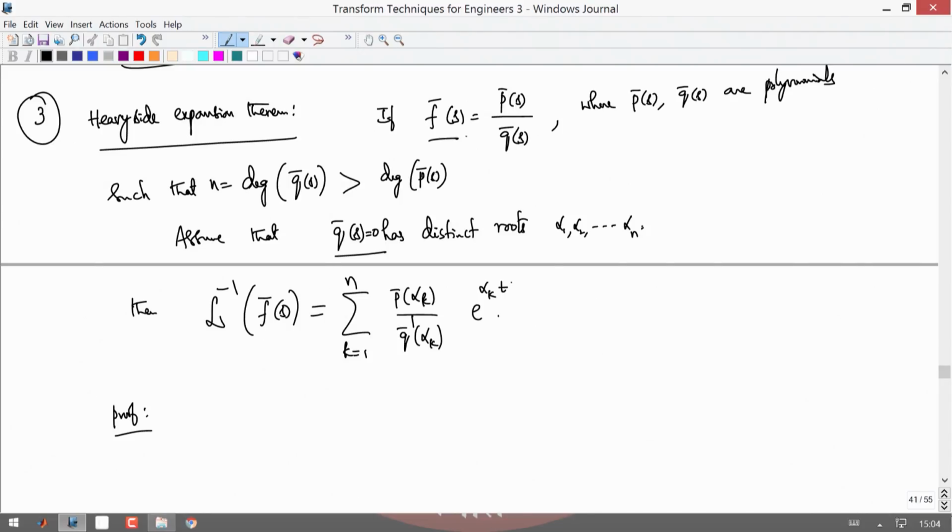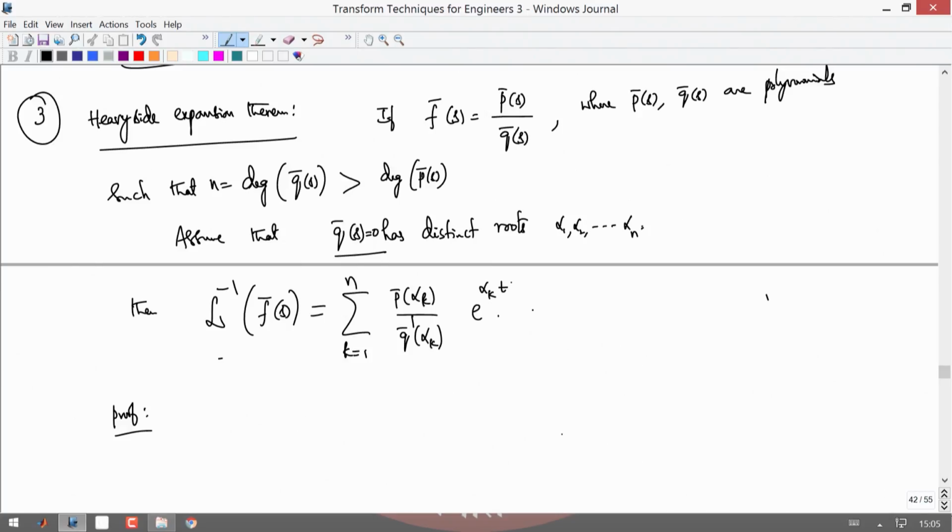If your f bar of s is this, where p bar s and q bar s are polynomials such that the degree of q bar of s is bigger than the degree of p bar of s, let us say the denominator degree is n, and you also assume that the denominator polynomial has distinct roots, then the Laplace inversion is simply like this.